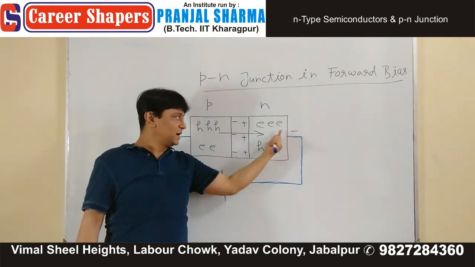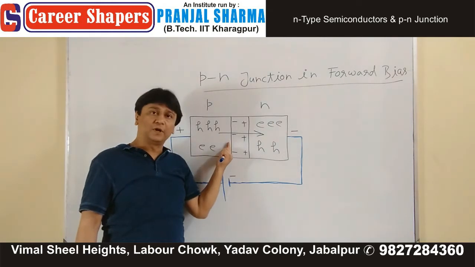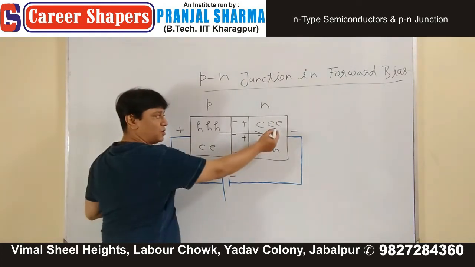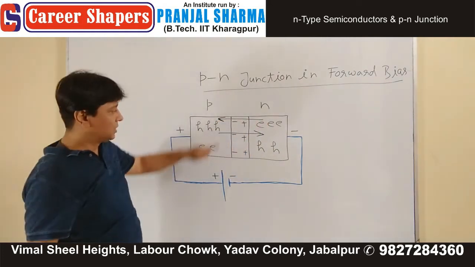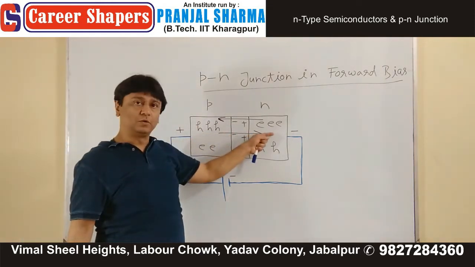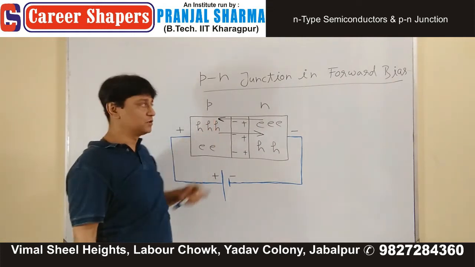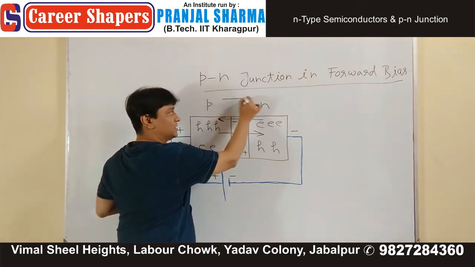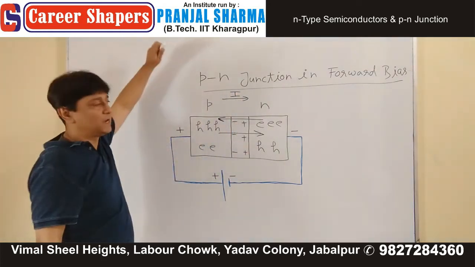This negative side is going to repel the electron so that it can overcome repulsion of this negative charge, and this electron moves in this direction. These two will not cancel each other. This is the movement of holes, positive charge. This is the movement of electrons, negative charge. Overall, in this direction, we have developed an electric current.